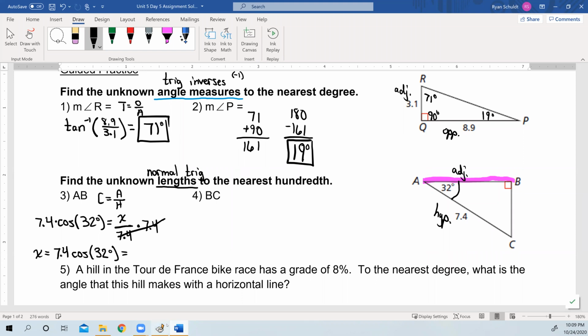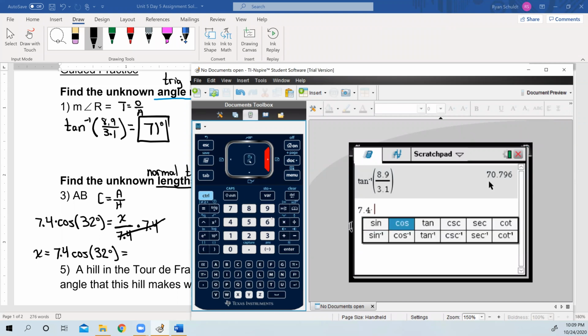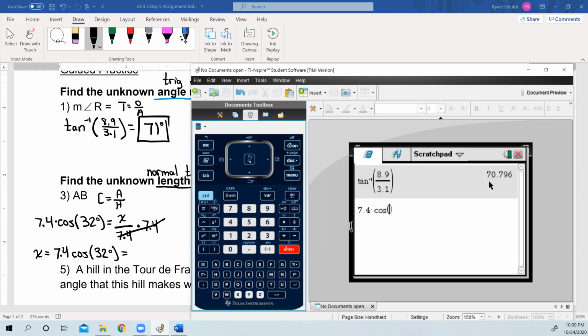So pull up our calculator and see what that equals. 7.4 times the cosine of 32. And we want to round to what?